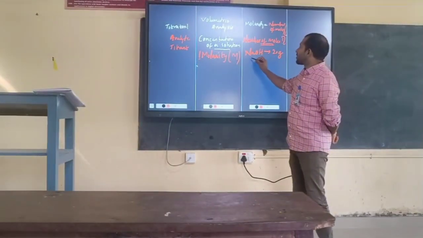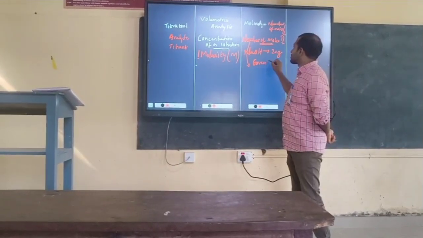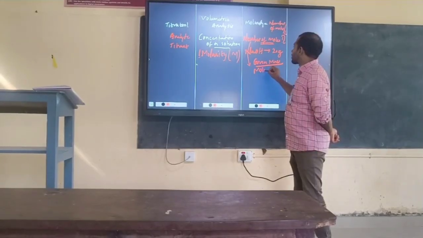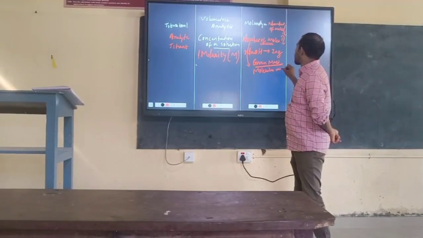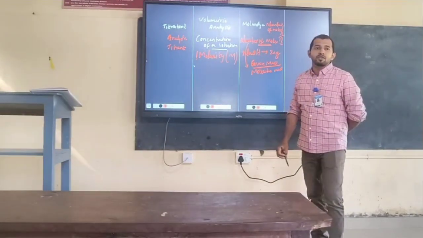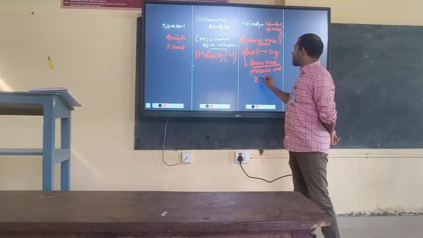Number of moles can be defined as the given mass divided by molecular mass or molar mass. So what is 20 gram of NaOH in terms of moles? The given mass is 20.